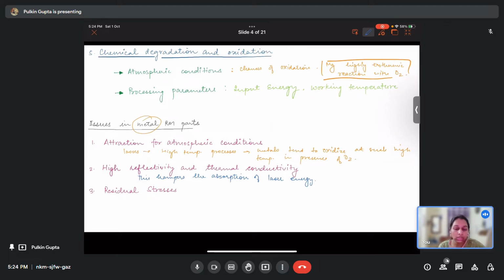So there is nothing that would be available to heat the powder. And last are the residual stresses, which are the presence of compressive and tensile stresses in consecutive layers. So these are compressive stresses in the layers below and tensile stresses in the top layers. So we need to minimize or eliminate these residual stresses for better part performance.